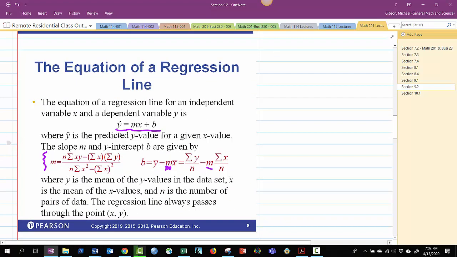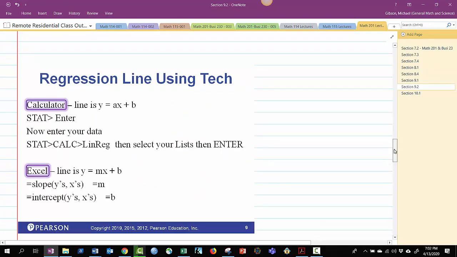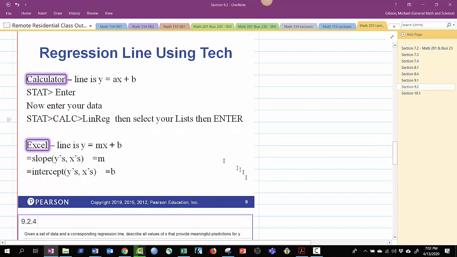We can do it on a calculator or in Excel. On the calculator, it says ax plus b instead of mx plus b. So you hit stat and enter, and you have to enter all your data. Enter your x's in L1 usually, and your y's in L2.